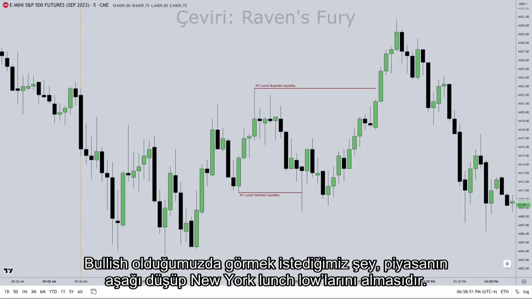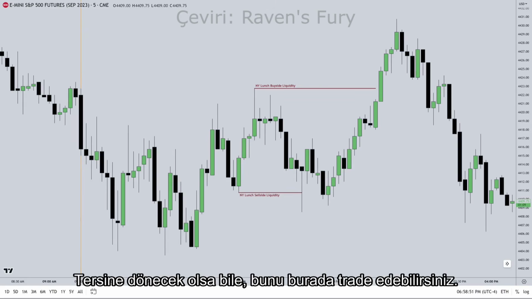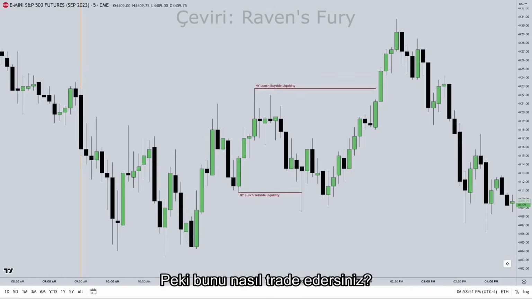We want to see, when we're bullish, the market drop down and take out the New York lunch lows, even if it's going to reverse. You can trade that here. How can you trade that? Wait for a shift in market structure, fair value gap.